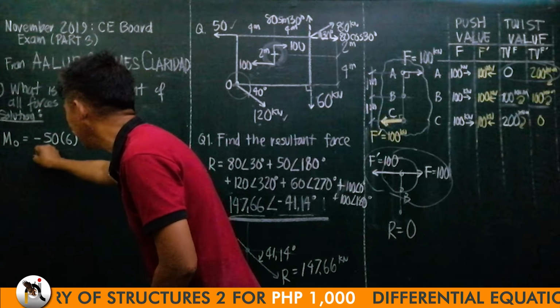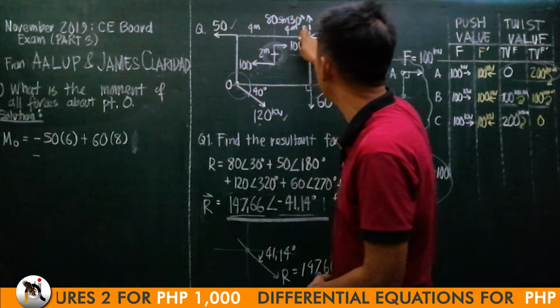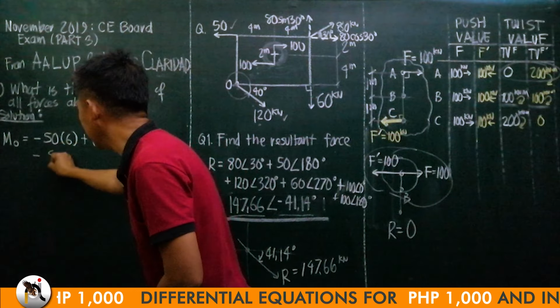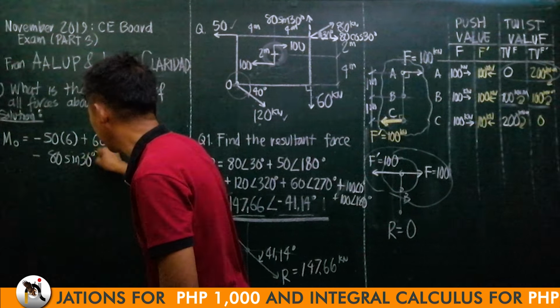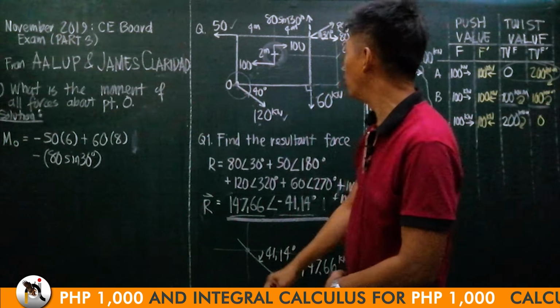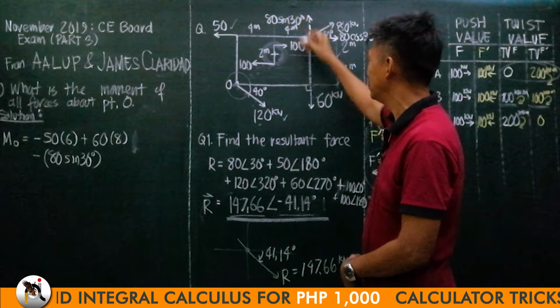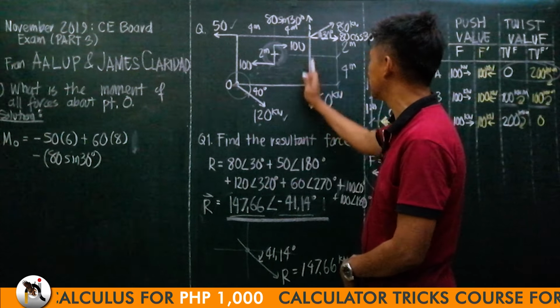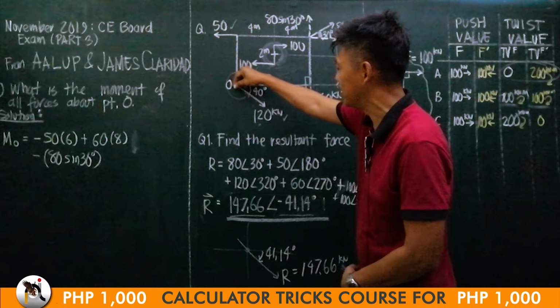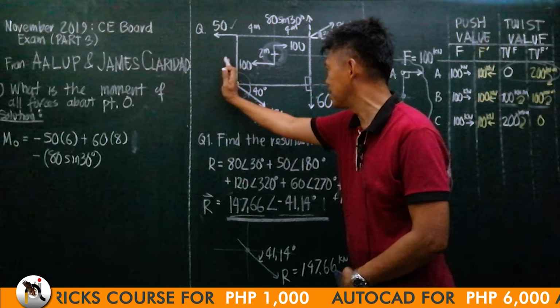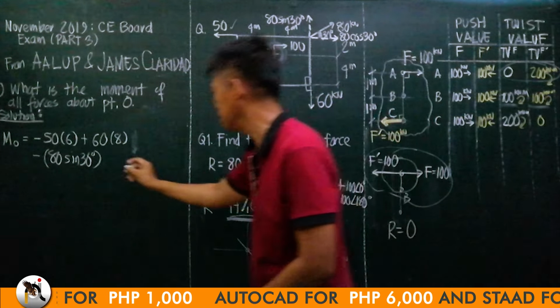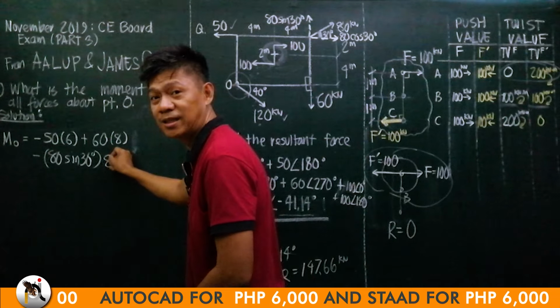So, minus that vertical force 80 sine of 30 degrees times its moment arm. This is vertical, its perpendicular distance from O is horizontal, this one. This is the line of action of the vertical, the horizontal distance is 8 meters. So this is times 8.